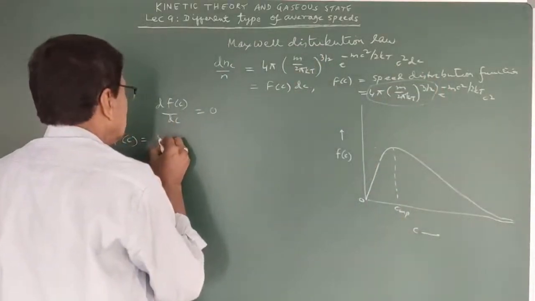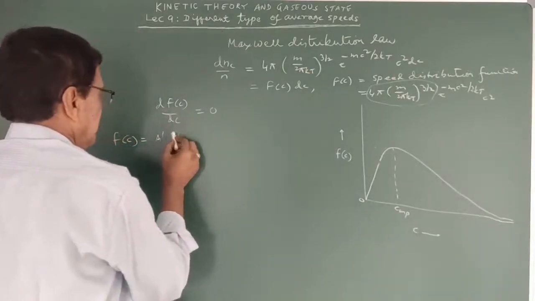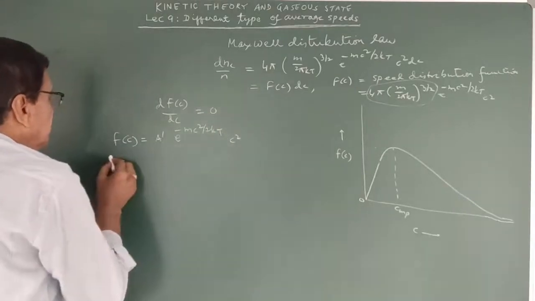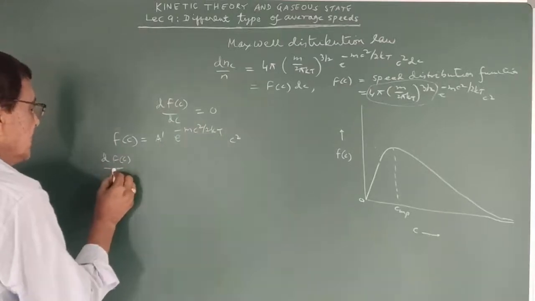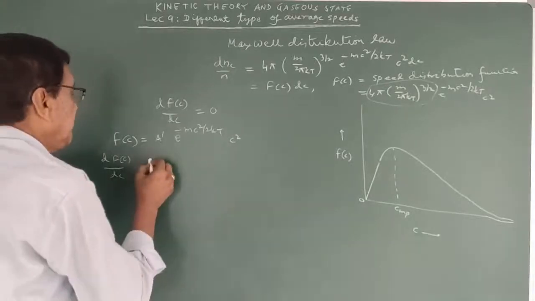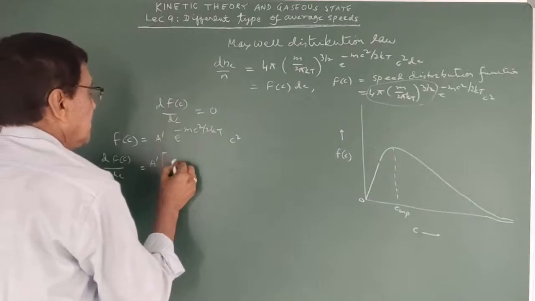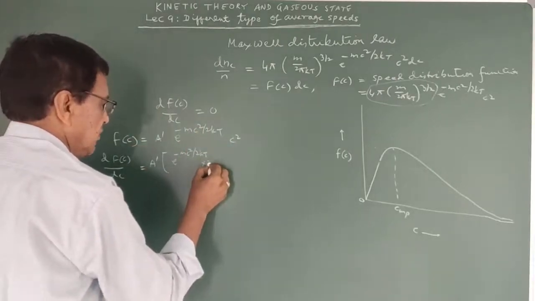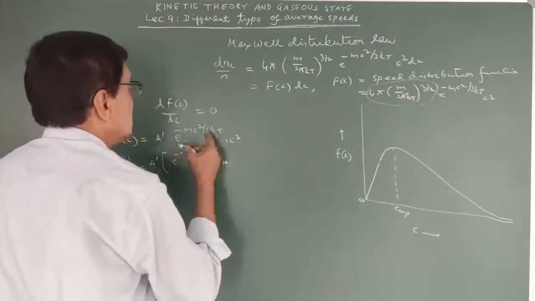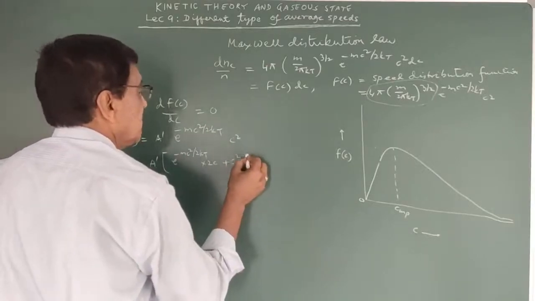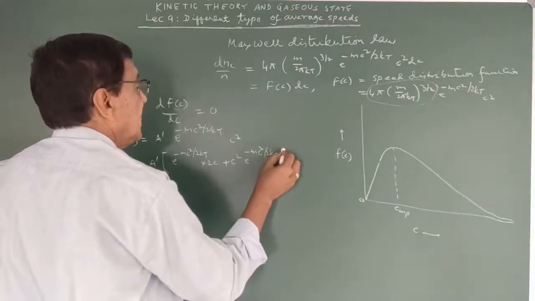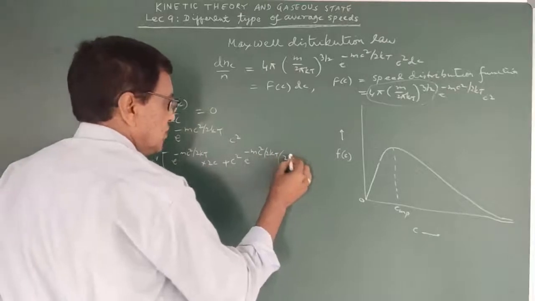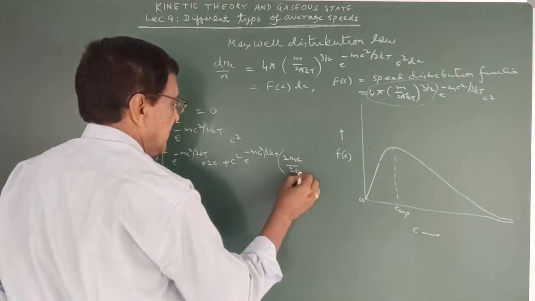So f(c) is A dash e to the power minus mc² by twice kT, and here this is c². But df(c)/dc, when differentiating with respect to c, we get A dash, and here e to the power minus mc² by 2kT is kept constant, and c² differentiates into twice c, plus c² now constant, and it is e to the power minus mc² by twice kT, and this exponential term again differentiating with respect to c will give you twice mc by twice kT, and bracket close.